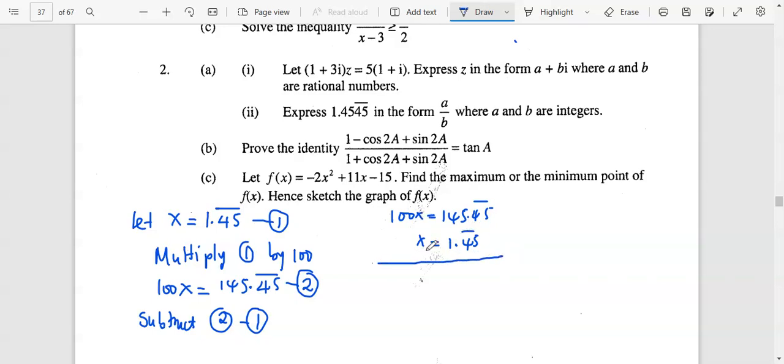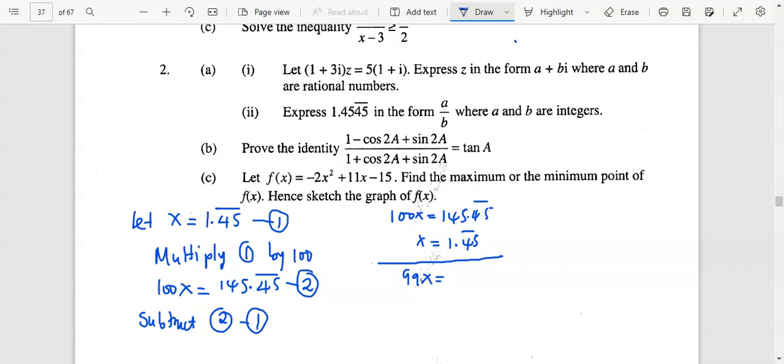Okay, so 100x minus x, that is going to be 99x. And then the other side, 145.45 minus 1.45. Now when you subtract that, you can see we have got the 45 after the decimal point which are repeating.